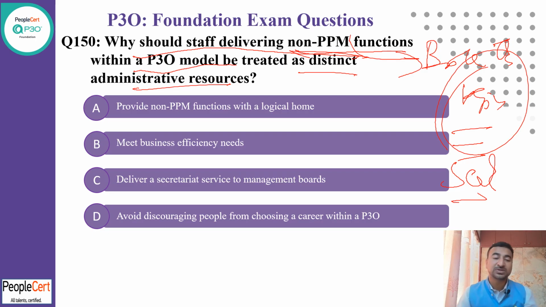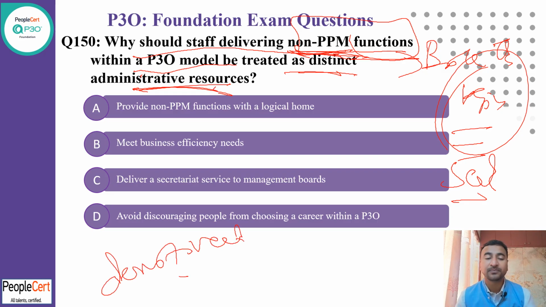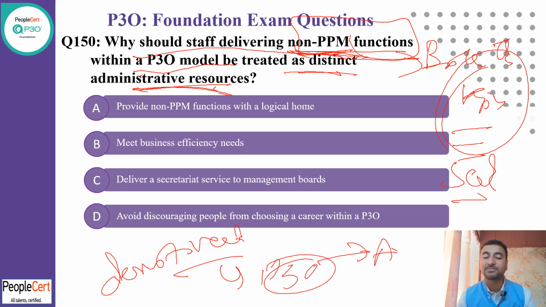To reduce the administrative workload and to provide that in a very comprehensive fashion. Now, if we do not treat these non-PPM functions as separate, distinct administrative resources, that creates demotivation within the P3O staff who are subject matter experts, because they are doing administrative stuff. To avoid that, there should be a separate team, but yes, as a part of the PPM function, you are offering non-PPM functions with the P3O model.